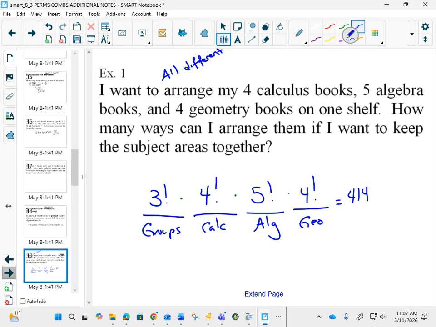You should get 414,720. So we're going to use the grouping strategy whenever things need to stay together inside of larger permutations.